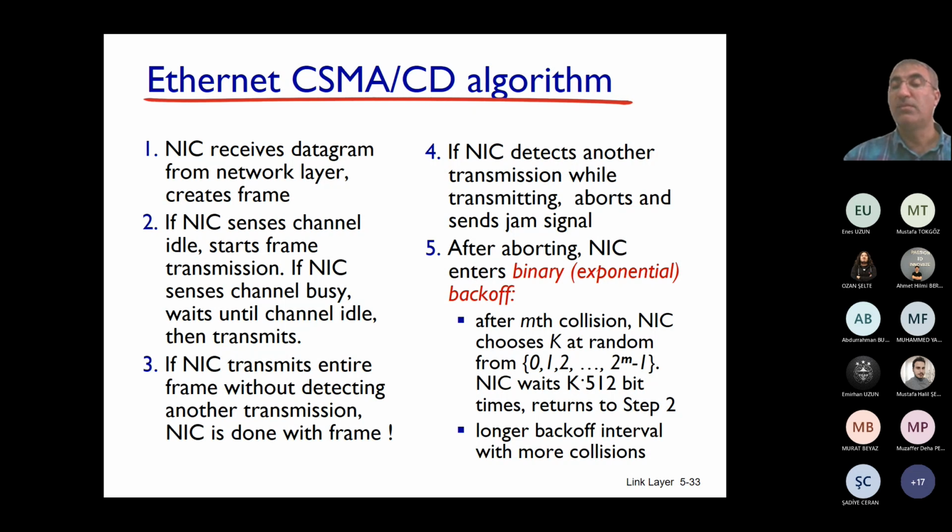So the NIC is going to wait for that time. It's a kind of random time. After the counter is completed, it returns to step 2, which is here, and starts to sense the channel again. So that's how the Ethernet CSMA/CD algorithm works.